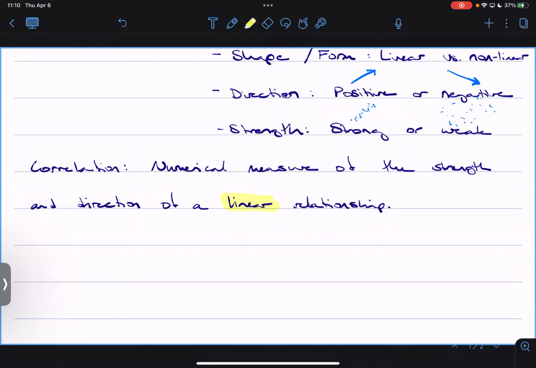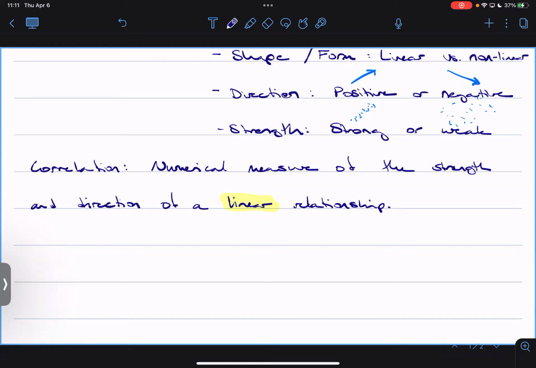It's only useful for a linear relationship. So computers do what we tell them to do. And so that's where we come in and say, okay, well, yeah, I could calculate the correlation, but I shouldn't, because it's not linear. It's one of those things.